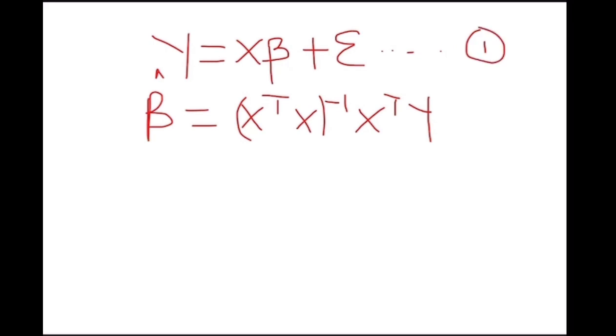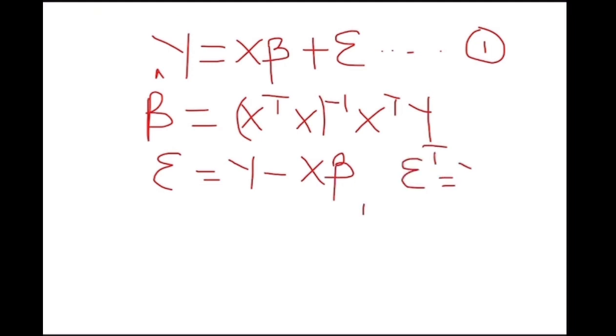So that is the specification of a linear model in matrix form. And of course, what is the error? The error there is going to be y minus X beta. Now, if I find the transpose of that, I'm going to have this.